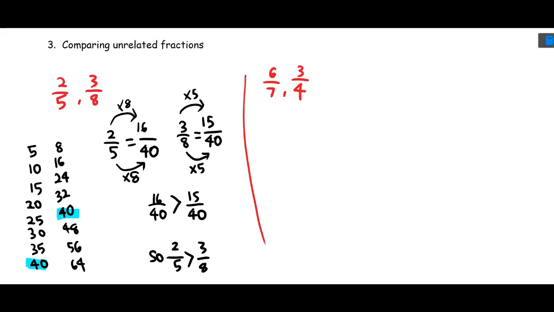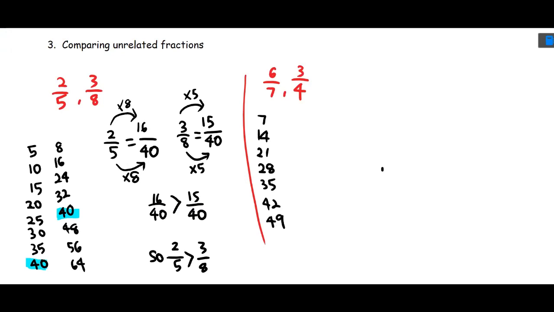And our next example, 6/7, 3/4. I do the same thing. I list all the multiplication tables of the denominator first. 7, 14, 21, 28, 35, 42.